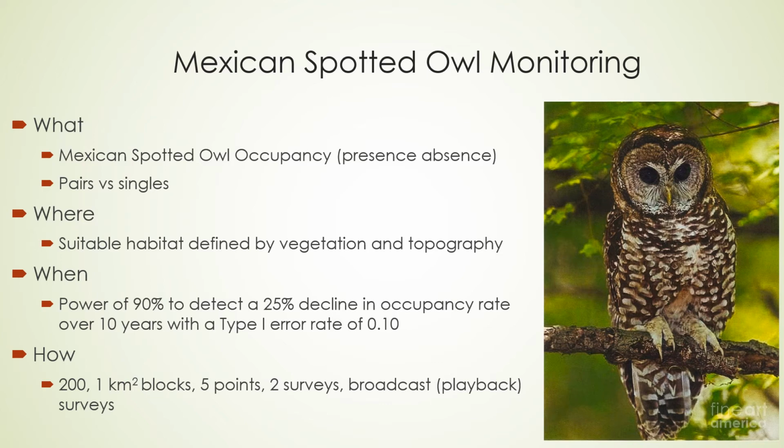In some cases it may be dominated by oaks and sycamores, tree species that you normally wouldn't associate with spotted owls, but they're there because the thermal conditions that they need are present in these steeper canyons. So they already had a pretty good description of Mexican spotted owl habitats, and they used that to define their sampling frame across the mountains of Arizona and New Mexico.